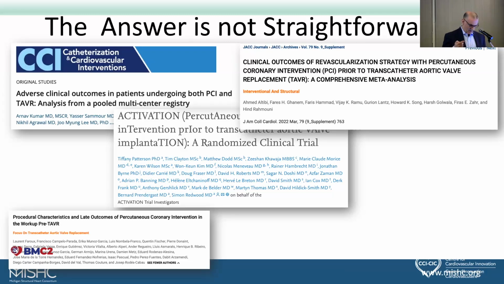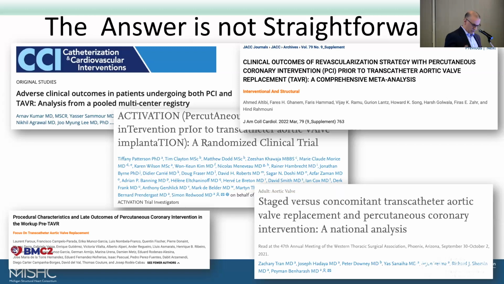And then Tran and LaRue showed the one group that showed some benefit of pre-procedure PCI is if your SYNTAX score was 12 and higher, the 1-year MACE was higher in patients who did not have complete revascularization. That's the one study.